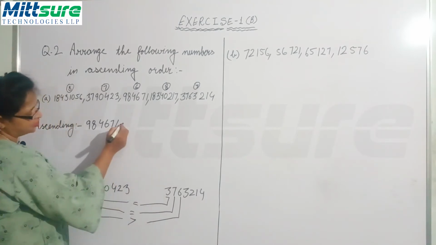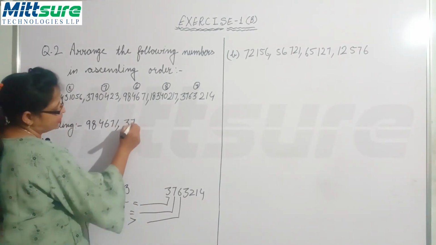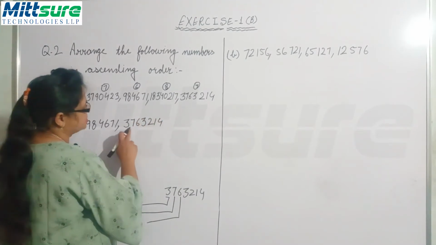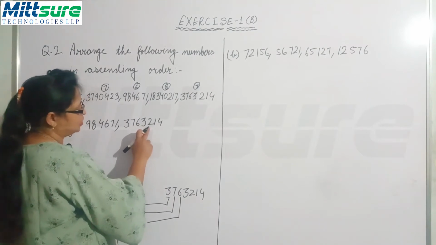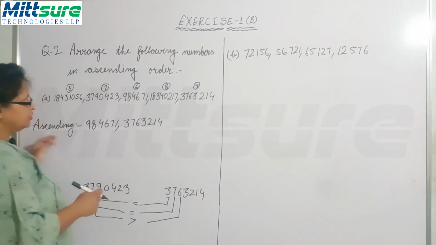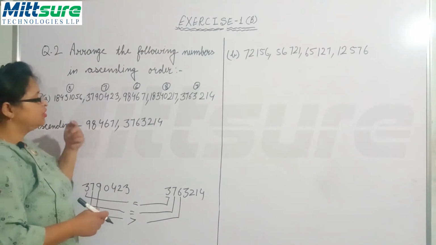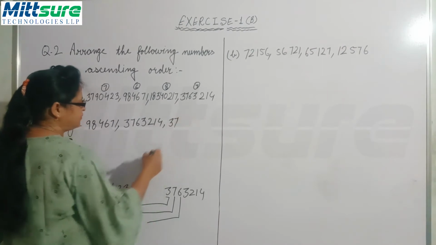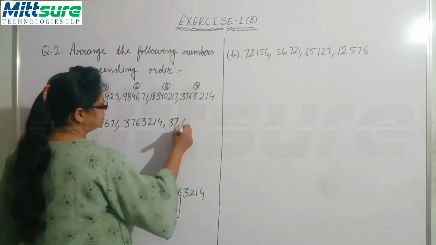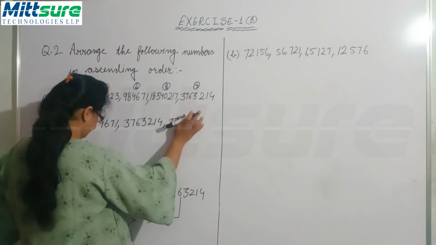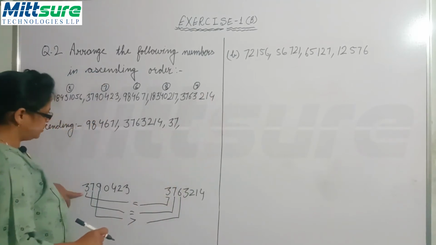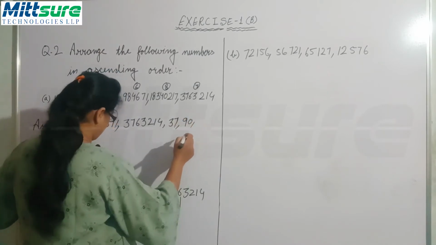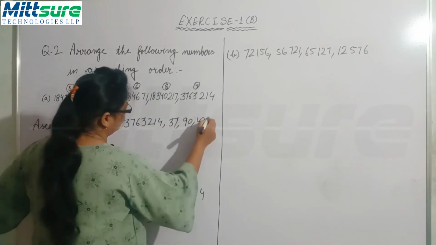So the next number is 37,63,214. This is greater than the previous number. Now we have to write the number 37 lakh 90,000 and 423.